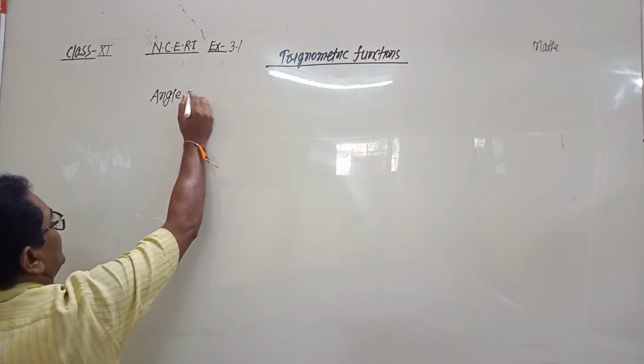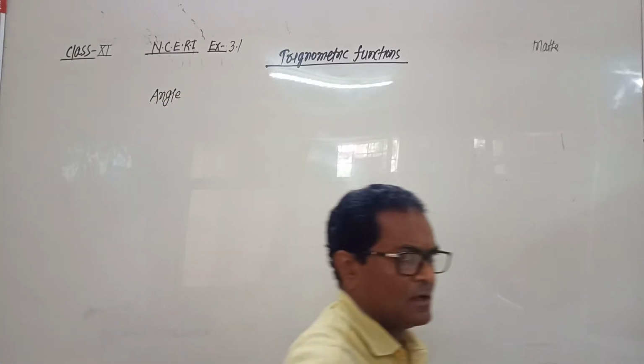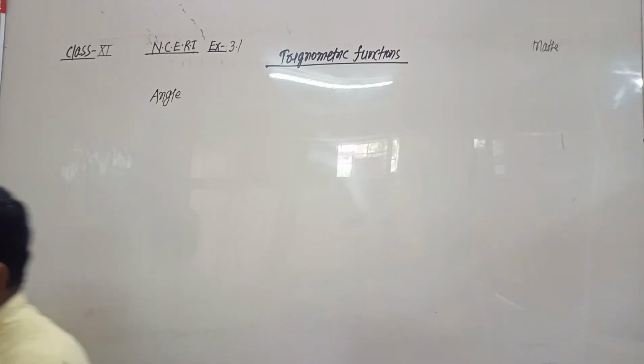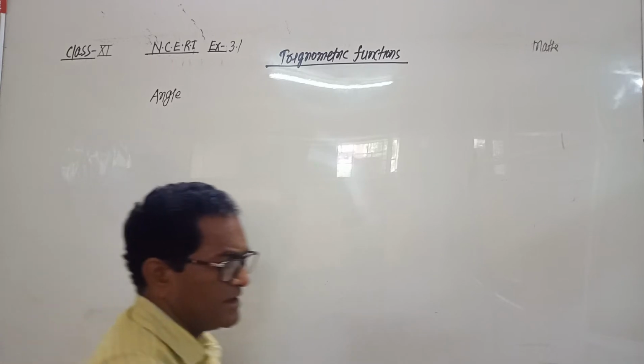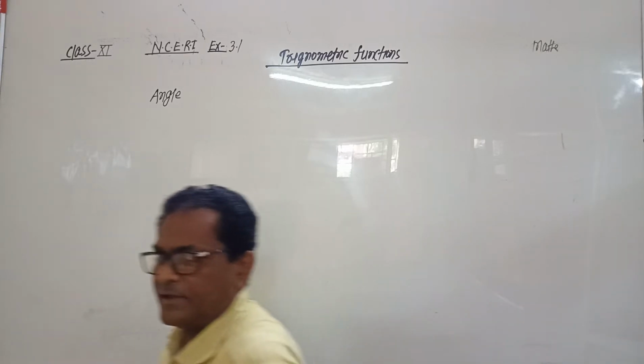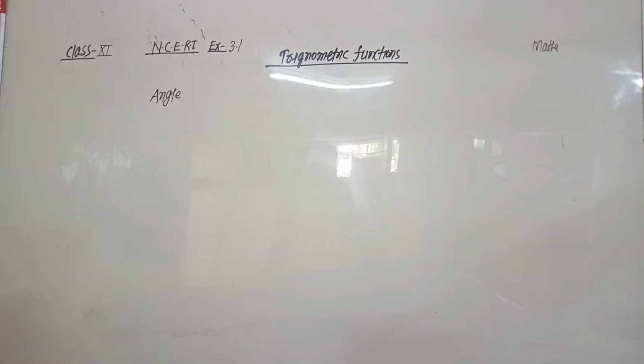So, angle is represented by theta. In class 10, you know the unit of angle is degree. Angle is represented by degree. But in class 11, another unit also we study to measure the angle, and that is called radian.